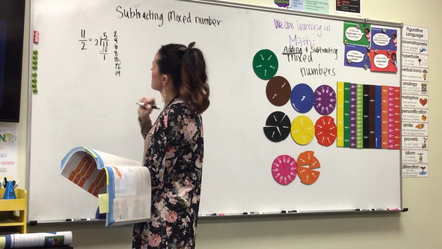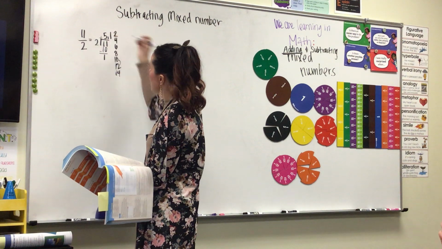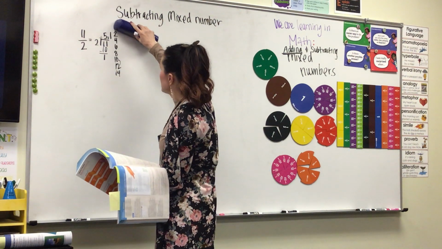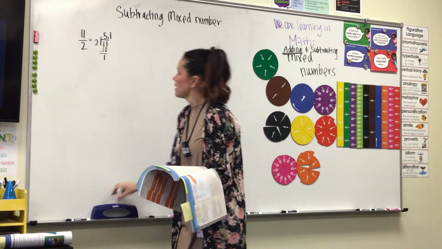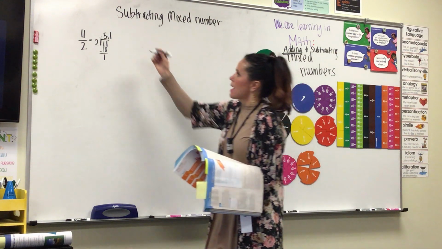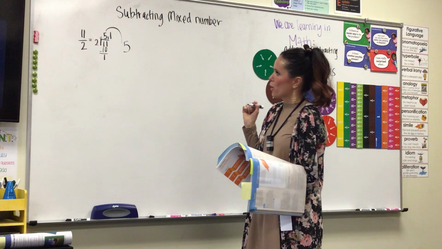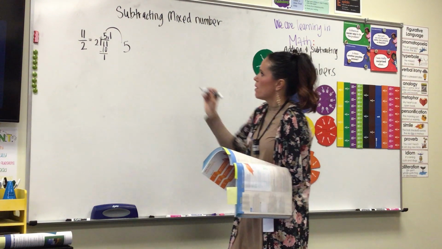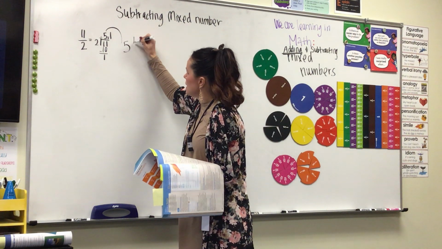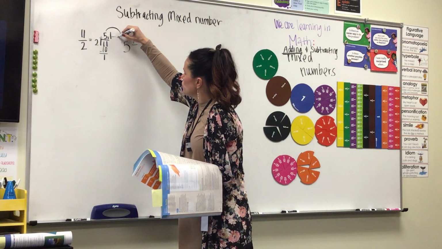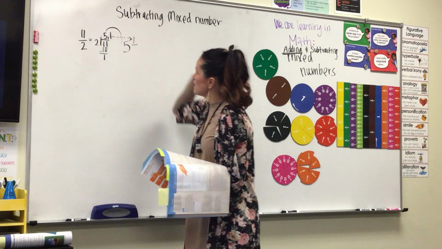I subtract and get the difference. Remainder 1. And I will erase this. Okay? Don't forget that the 5 is my whole number. Here's my remainder.